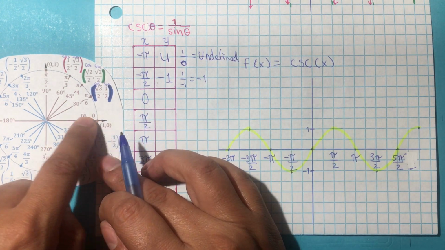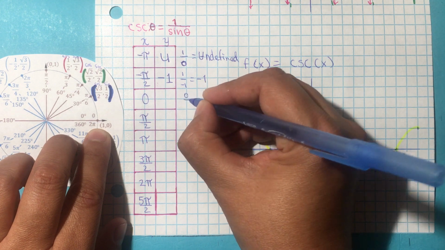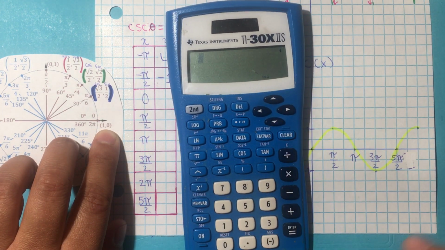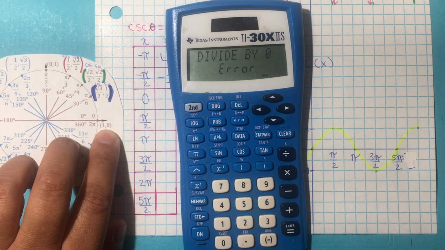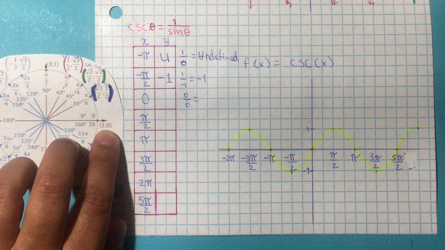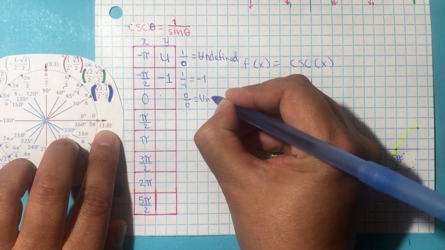0, that's the 0 radians, so it's 0 divided by 0. What is 0 divided by 0? You still get an error when you divide 0 by 0. Okay, so undefined once again.